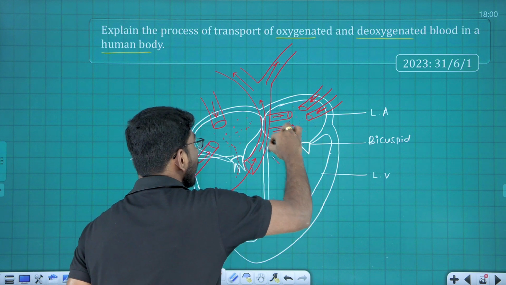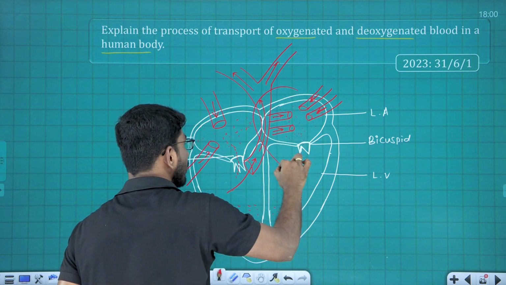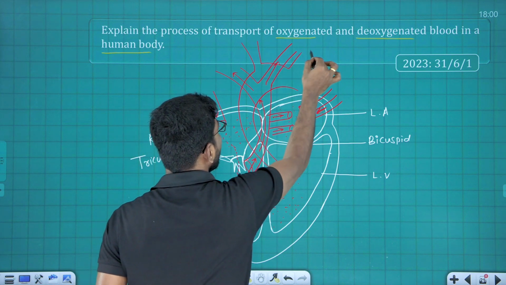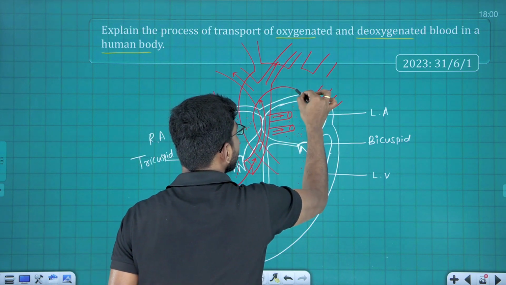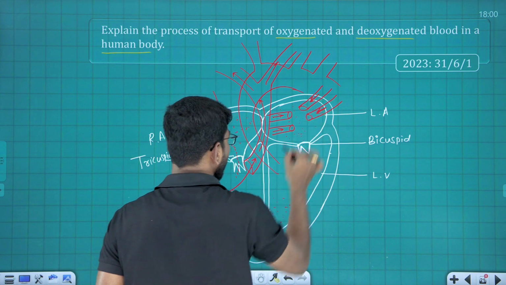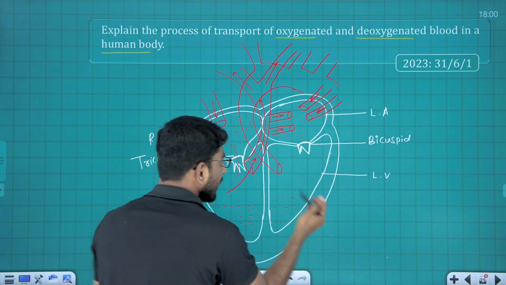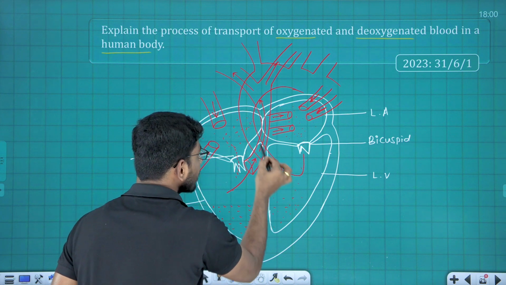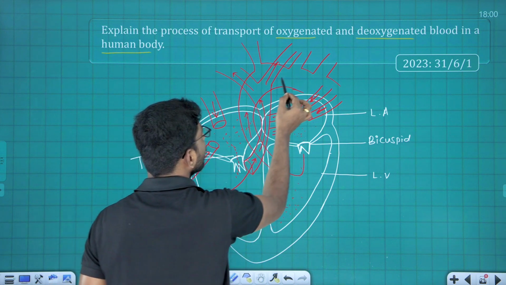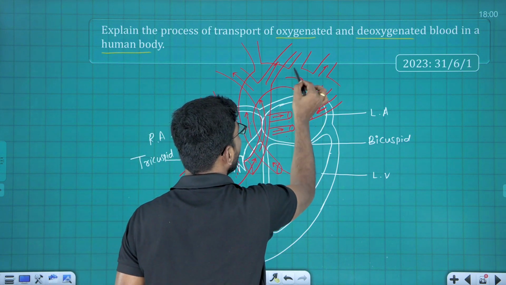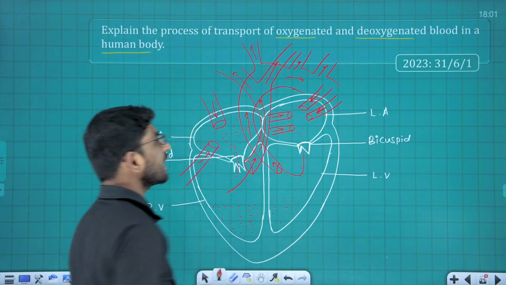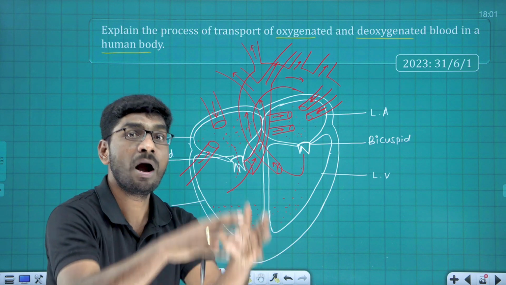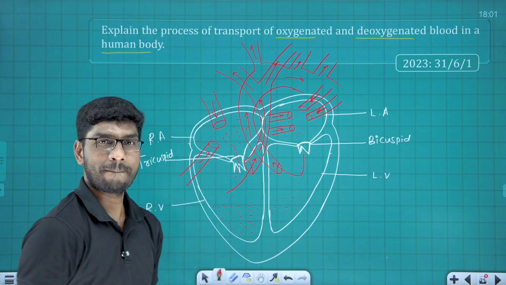From the left ventricle, the big blood vessel, which we call the aorta, comes out. The aorta supplies oxygenated blood to all parts of the body. So when the left ventricle contracts, oxygenated blood is pumped to all parts of the body. That's how oxygenated and deoxygenated blood is transported and pumped from the heart to all parts of the body.